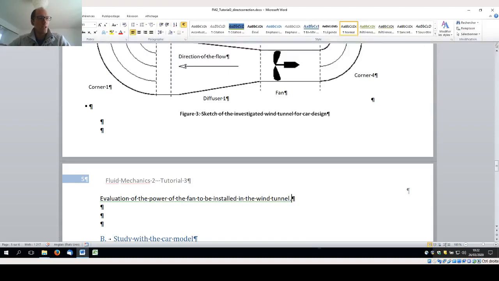Does it ring a bell, what do you use as methods to evaluate the power of a fan inside a fluid mechanics system?